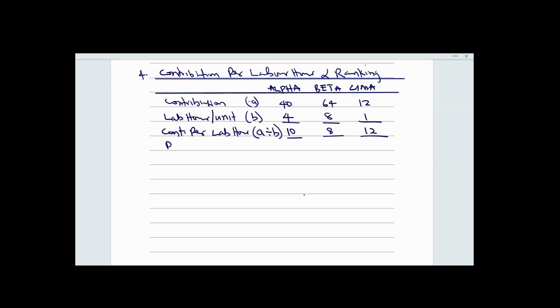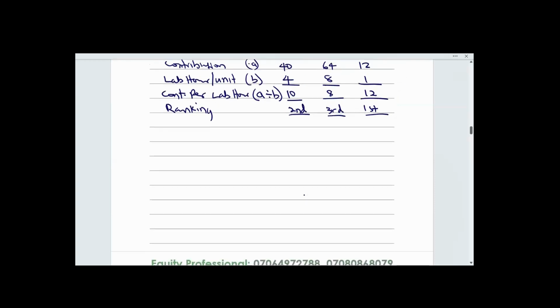The next one is ranking in a descending order. Based on our ranking, sigma is first, followed by alpha, then beta is third.